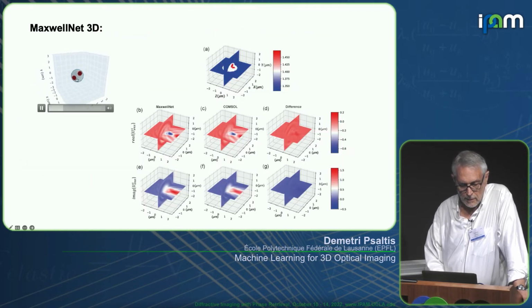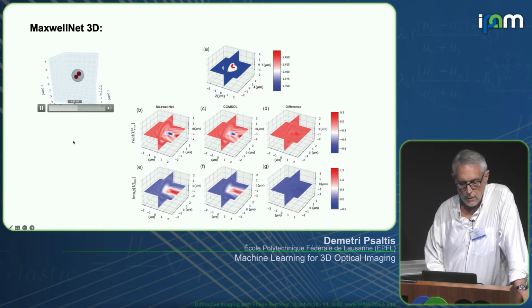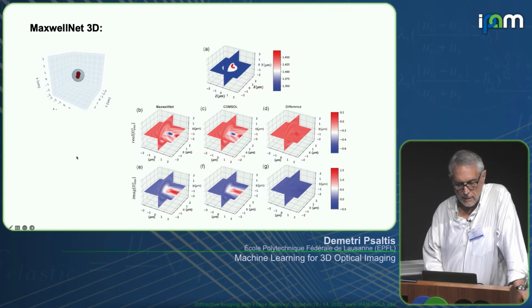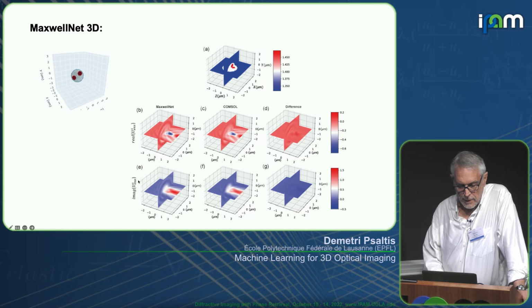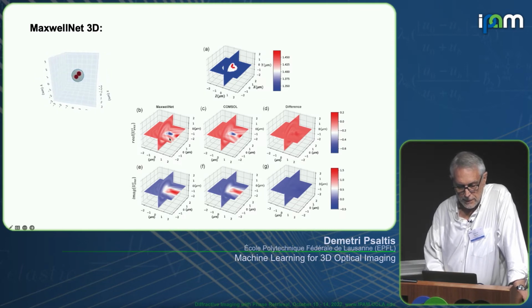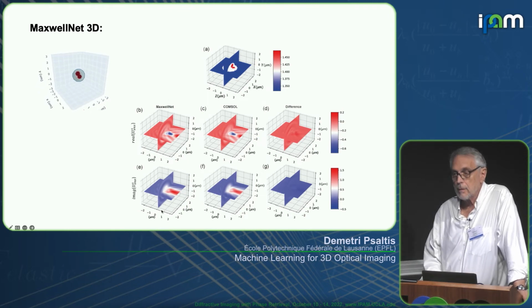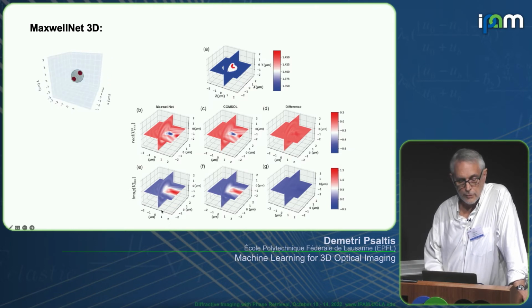It also works in 3D. Here's a phantom again, supposed to be a little bit like a lens. There are 2 indices inside that are a little bit higher. So this is the 3D object, and now this is the real and the imaginary part produced by the object. And this is again the Maxwell net, this idea of a network that's trained using Maxwell's equations as a loss function.